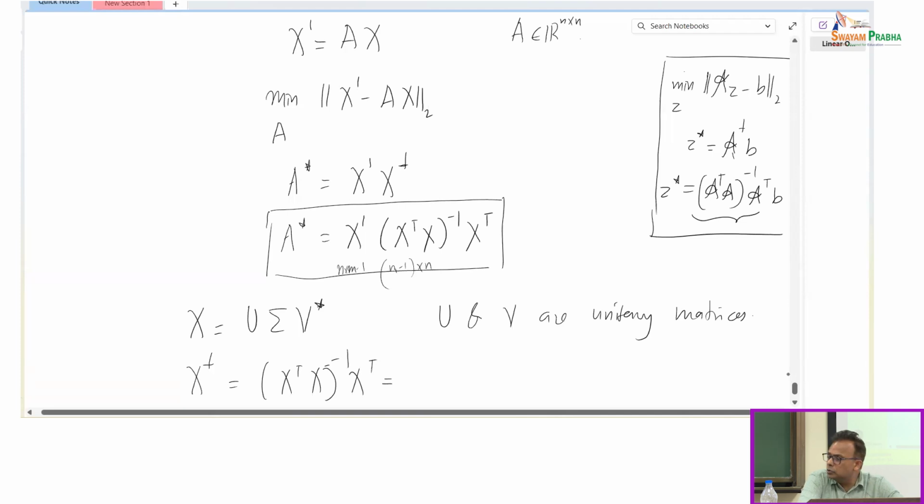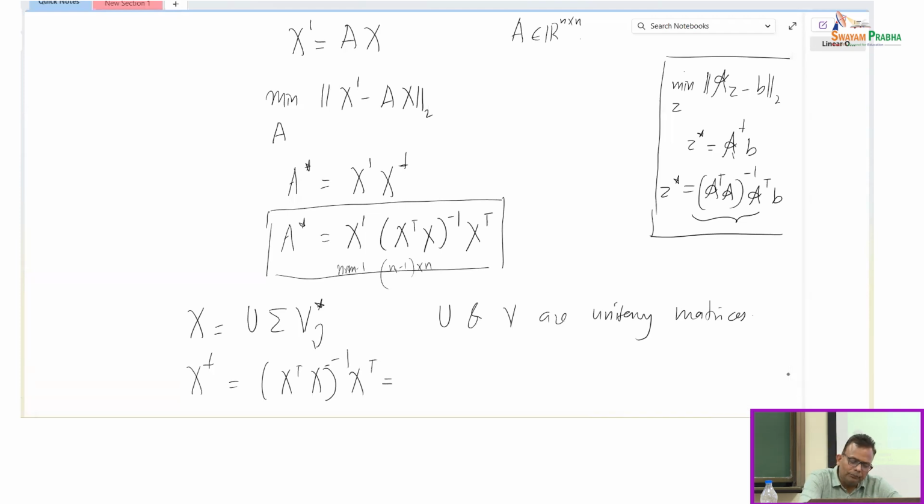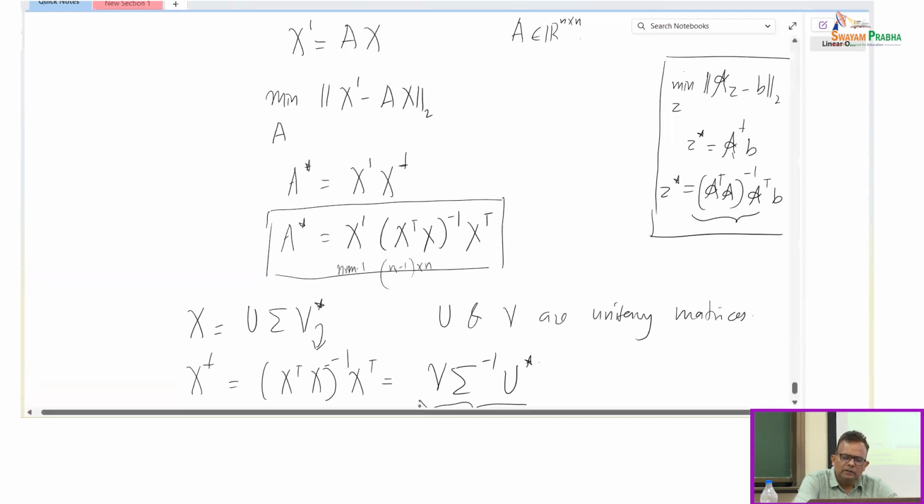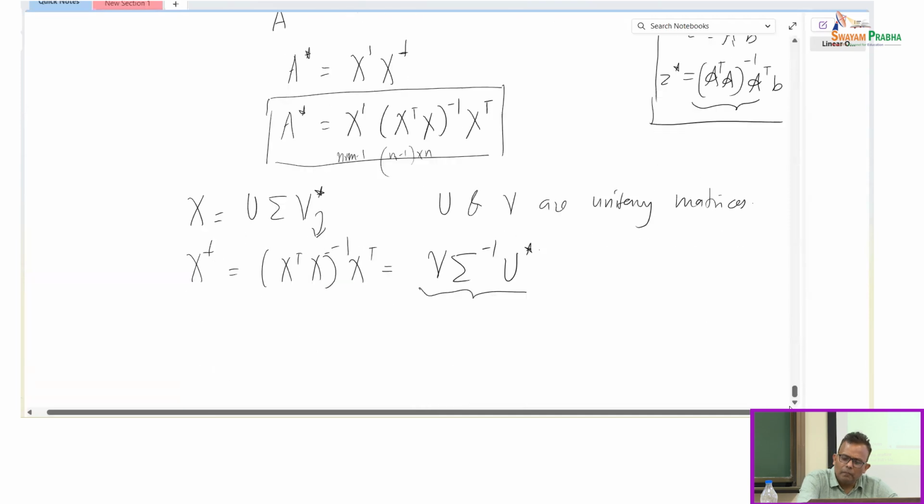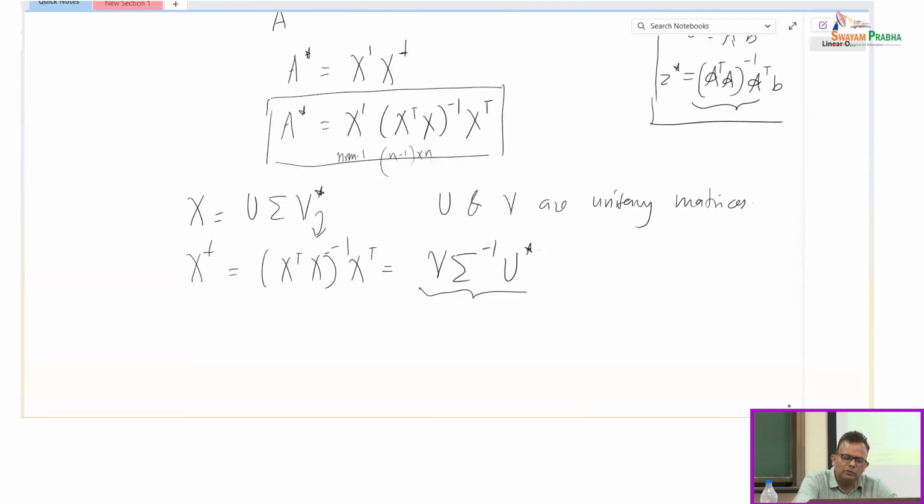If you plug in this formula in here, what you get is V sigma inverse U star. So you take X, you do the SVD, so that the inverse becomes V sigma inverse U star. You can carry out the steps; I'm skipping that, which is there in the notes.